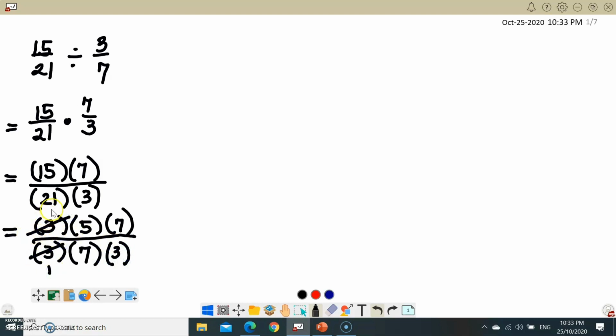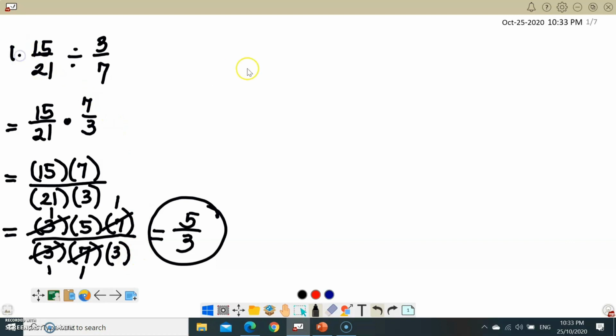The quotient is 1. We cancel 7 and 7. The quotient is equal to 1. Then we now have 1 times 5 times 1, equal to 5, over 1 times 1 times 3, equal to 3. And we now have 5 over 3.